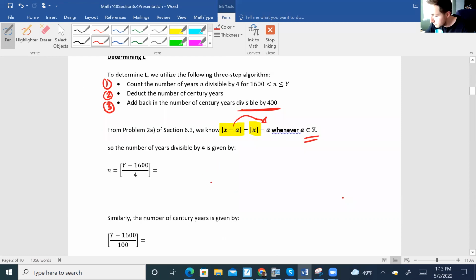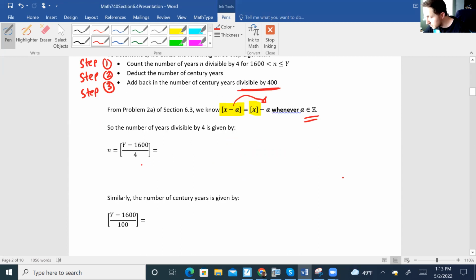So first thing, step 1, we'll call these step 1, step 2, step 3. Let's calculate the number of years divisible by 4 between 1600 and the current year that we want, which we're calling capital Y. So what I'm going to do is take the greatest integer function of the difference in the number of years between 1600 and my current year, divide by 4, and then round down in order to apply the greatest integer function.